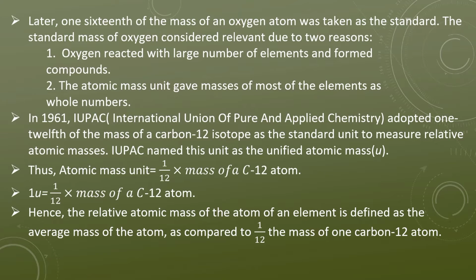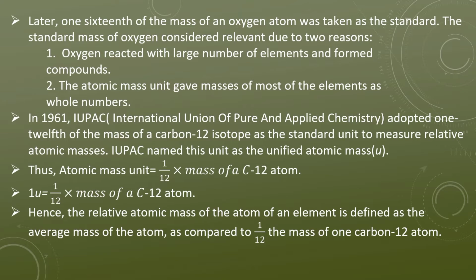But why was this oxygen taken? Why did they rule out hydrogen? Why did they consider that 1 by 16 of oxygen should be taken? Because this oxygen combines with many other elements. When it combines with nitrogen, it forms nitrogen dioxide.